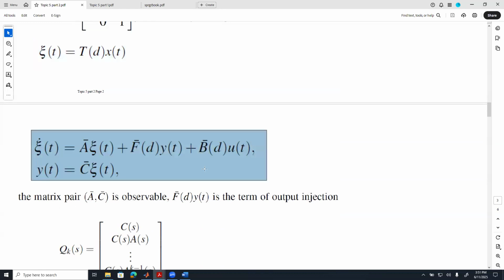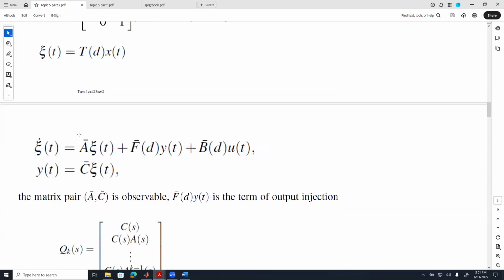So this transformation enables us to transform the system into the new coordinates. So that's what it is. And when we examine these new coordinates, we find the pair A bar and C bar is in a specific structure, which is observable all the time. And then all the delay terms associated with the state delay vector are injected into the output and the input of the system. Because the output and input of the system are known, it doesn't matter how many delays you have in there.